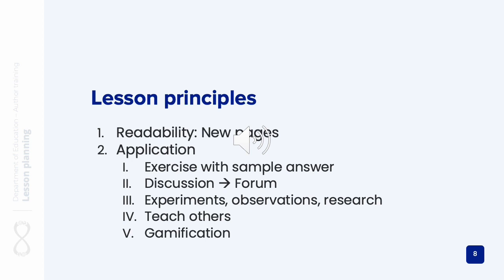Experiments, observations, and research. Especially in science class, they may have to do experiments, analyze observations, or conduct further research. With clear instructions, students can often come up with great results which they can compare with the example you give.